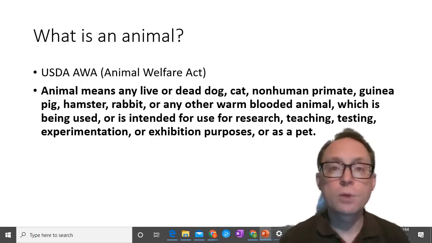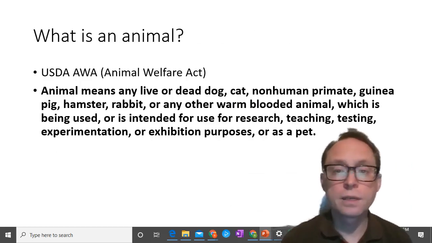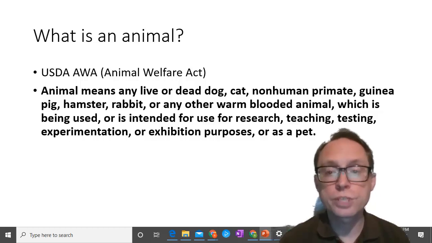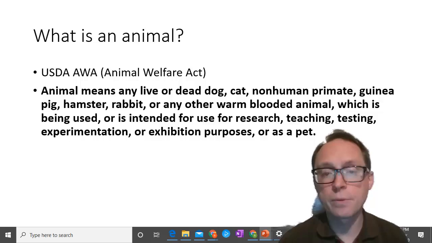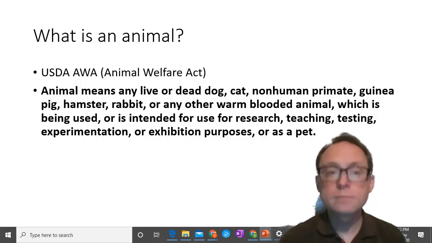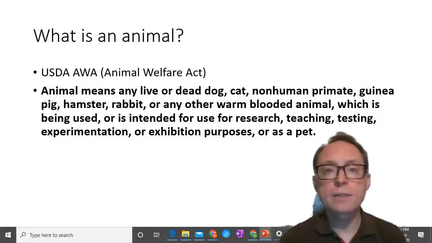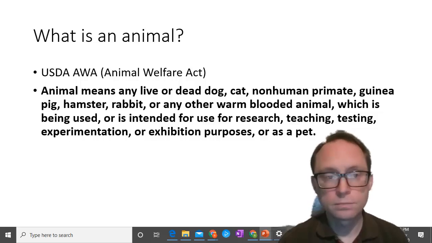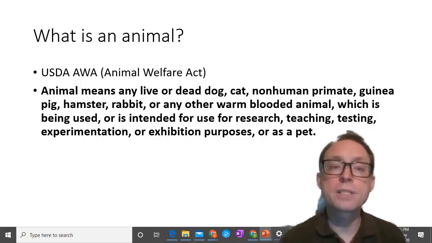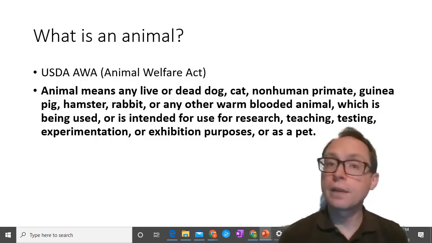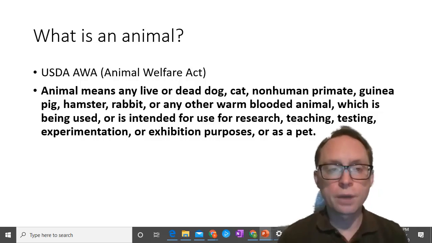Now, beyond that, the Animal Welfare Act looks at anything that's not used for research, teaching, testing, experimentation, or exhibition purposes, or as a pet. So, for example, if you have a pet rat, that's an animal. But if you have a rat in your basement, it's not an animal, according to the Animal Welfare Act, because it has to do with ethical treatment of animals, animal cruelty laws, etc.